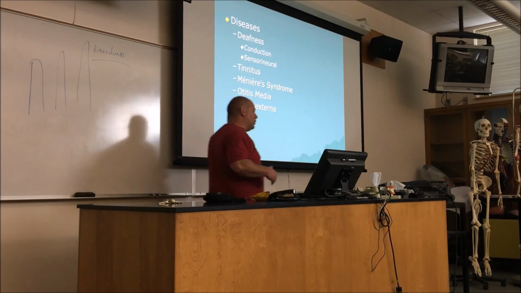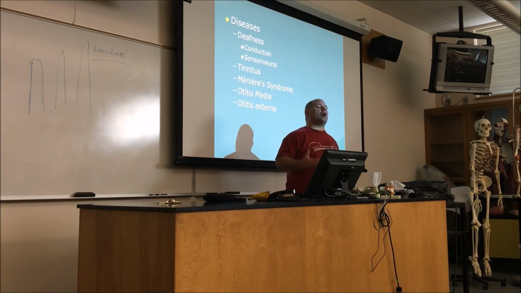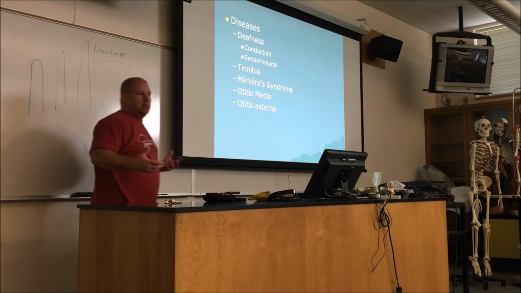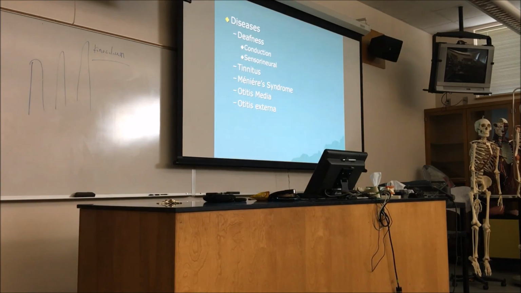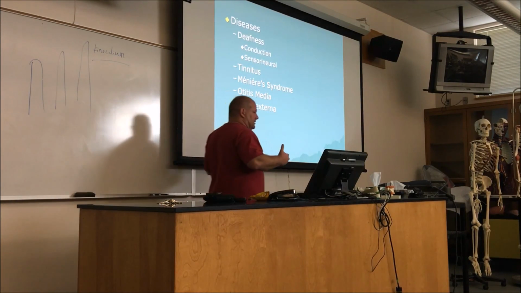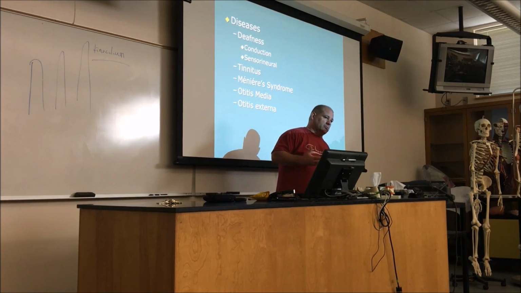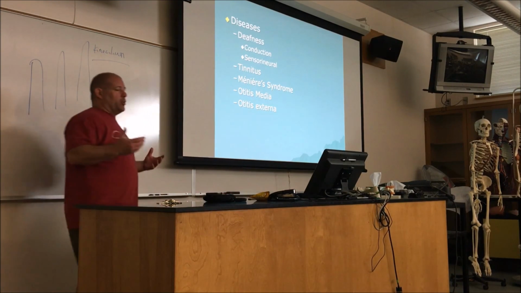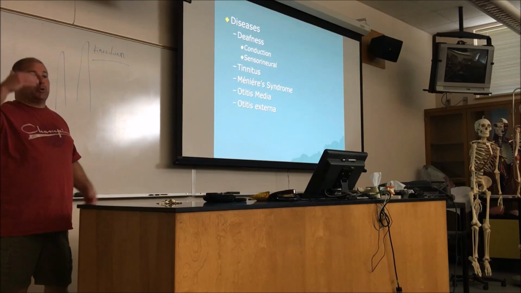So you should know how hearing works and the structures of hearing. You should have an idea about linear acceleration, the saccule and the utricle, and the receptor is the macula. For rotational movement, angular movement, the receptor is the ampulla. Ampullae for plural. And you should know where they're located. And then you should know the structures.